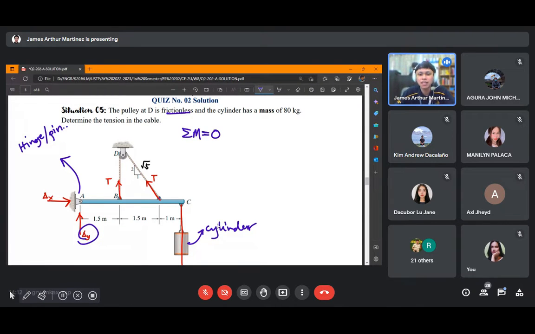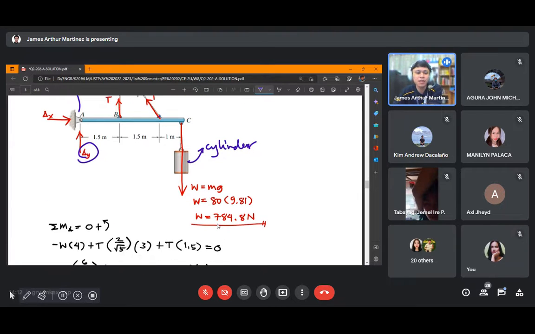Wala na sila resistance to moment. And therefore, we can say na the moment at point A is equal to 0. So pwede na siya applyan og equilibrium nga equation. So makasum up ta the moment at point A equal to 0.